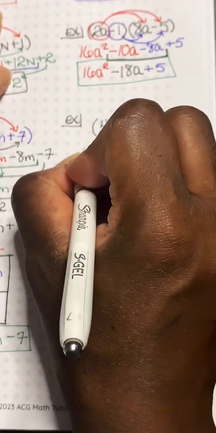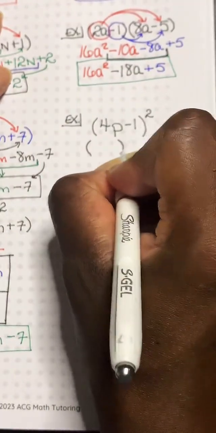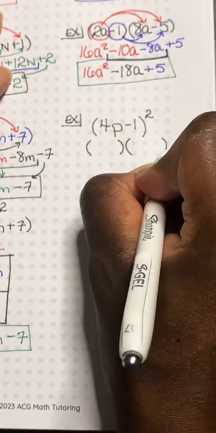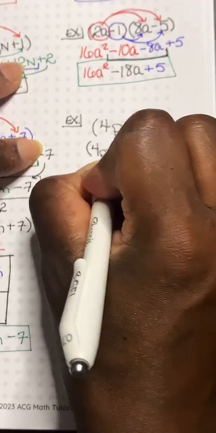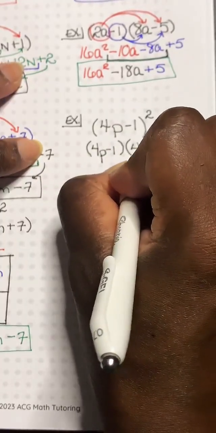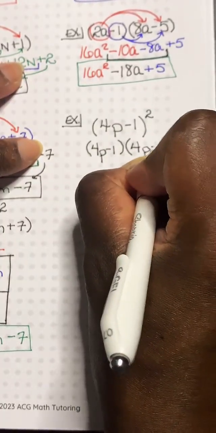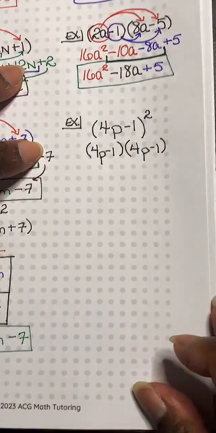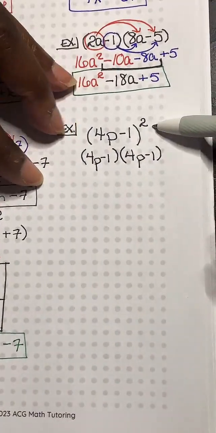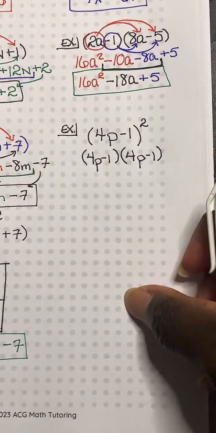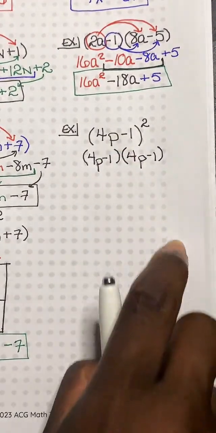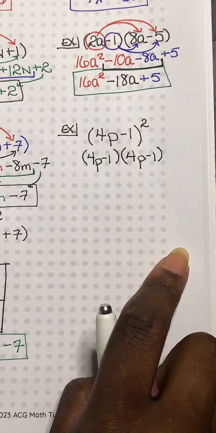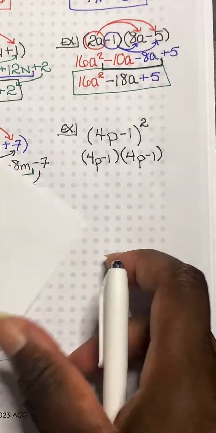So we are basically writing out this base twice. It's 4p minus 1 times 4p minus 1. So trust and believe, GED, ASVAB people, they always have one of these problems in there. They'll sneak it in there.